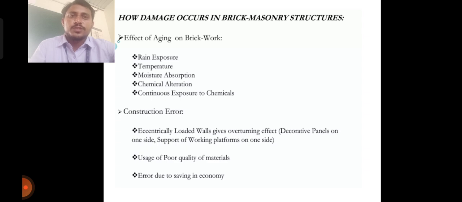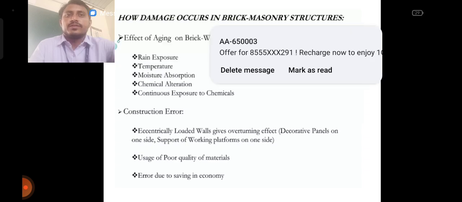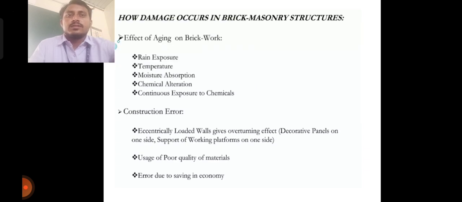If bricks or masonry structures are exposed to rain, some types of cracks are produced. Temperature fluctuations, moisture absorption and chemicals are all reasons for damage to brickwork. Next, constructional errors: not only environmental problems but also constructional errors cause damage to brickwork.